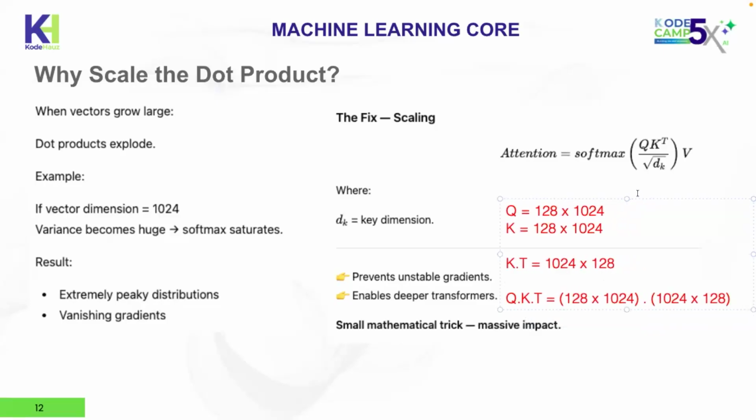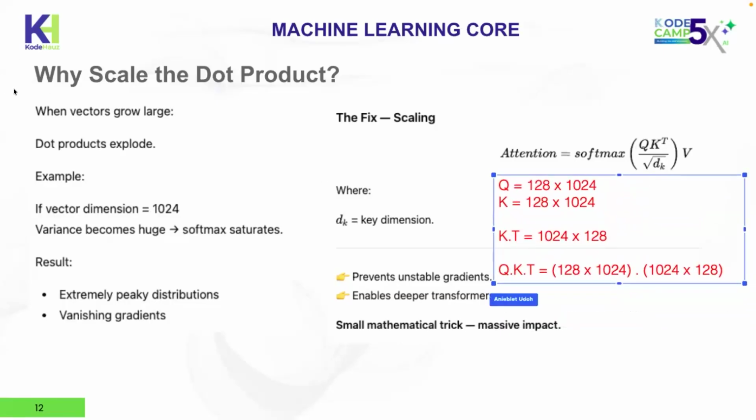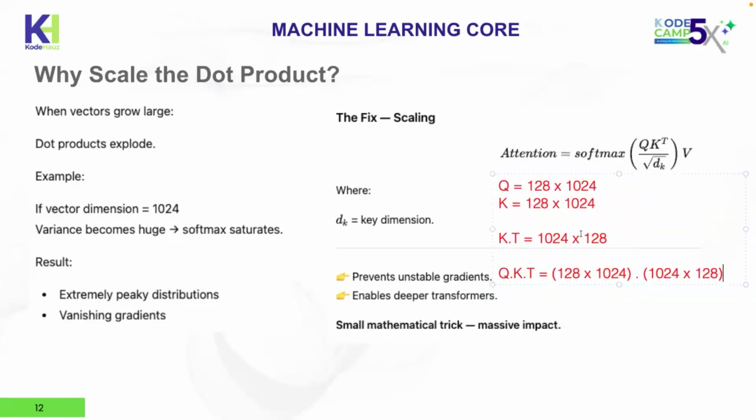So the result of this matrix dot product is going to be, these are all shapes, not actual values, by the way, QK transpose. The shape will now be 128 by 128.